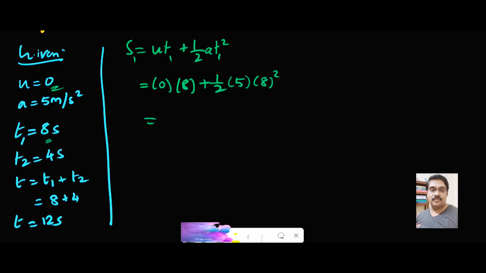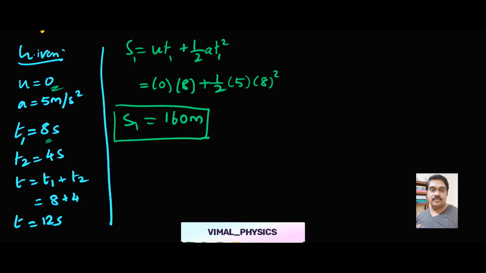When I expand it, 5 into 8 squared divided by 2 is 160 meters. So this is the first distance covered in 8 seconds.